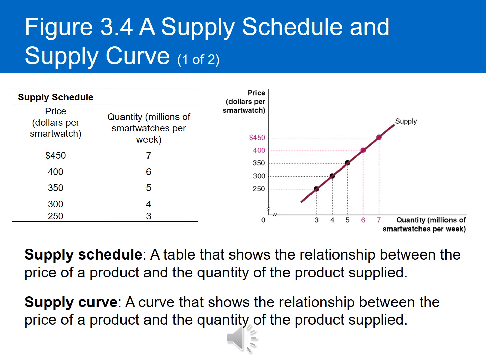The figure on the right is the supply curve. This is a curve that graphically shows a relationship between the price of a product and the quantity of a product supplied. The same information that's contained in the supply schedule, but it's displayed graphically. We can see on the supply curve that when the price is $350, there will be 5 million smartwatches supplied.